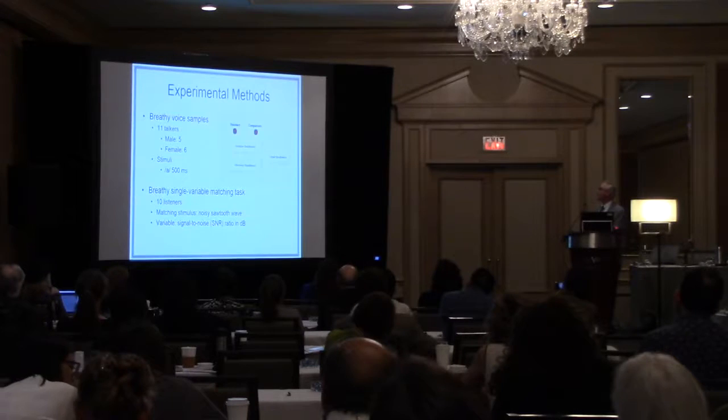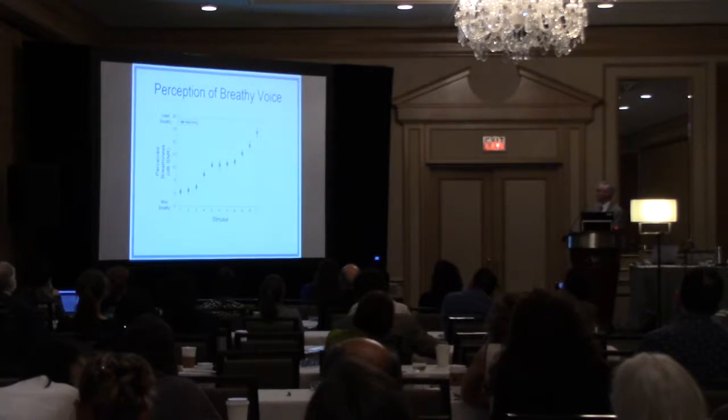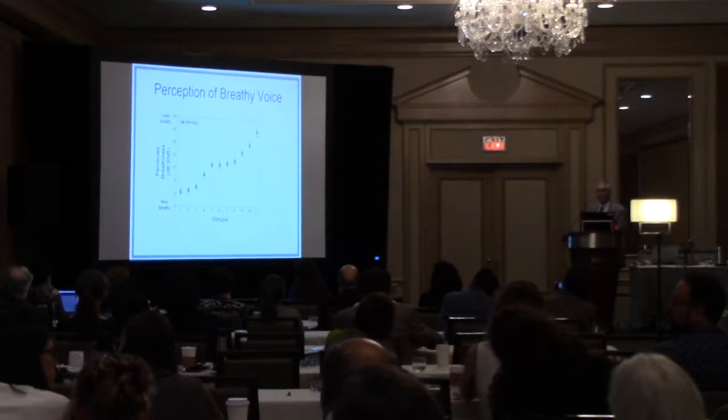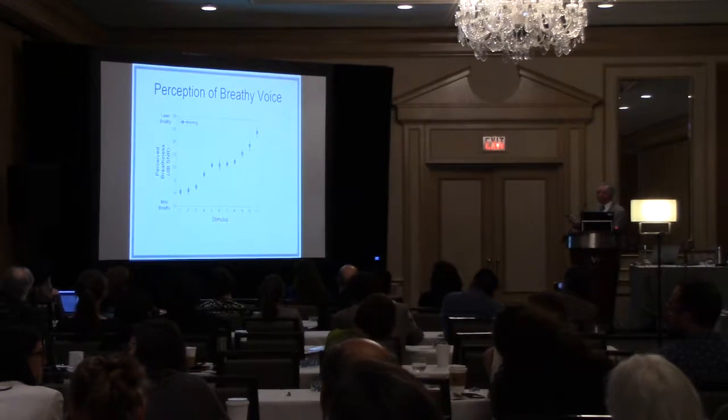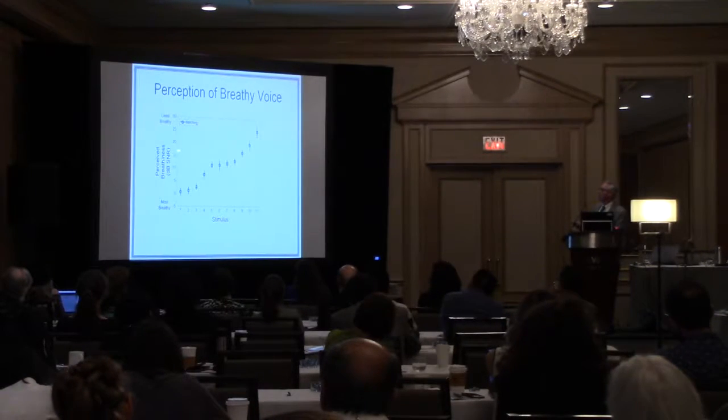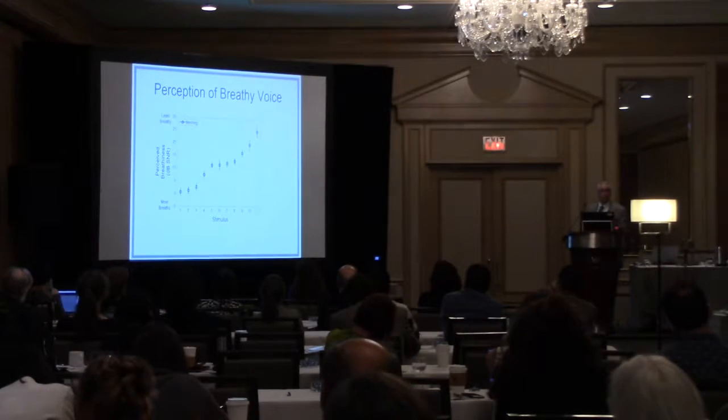I'll just show you a little data from that sort of thing. This is for breathiness. What you see here are 11 stimuli on the x-axis going from very, very breathy to not too breathy, and on the y-axis, perceived breathiness in this single variable matching task, where the variable was a sawtooth wave mixed with noise.